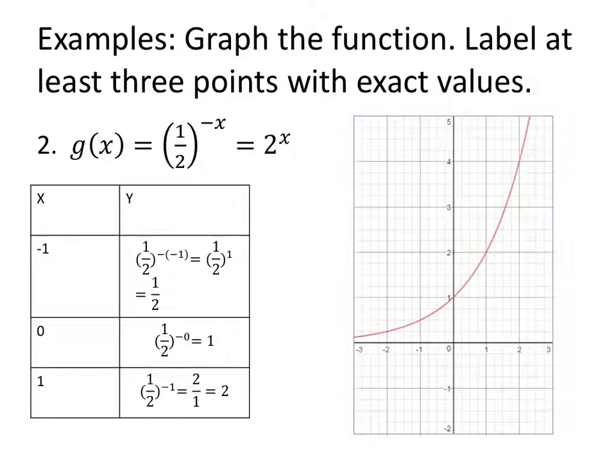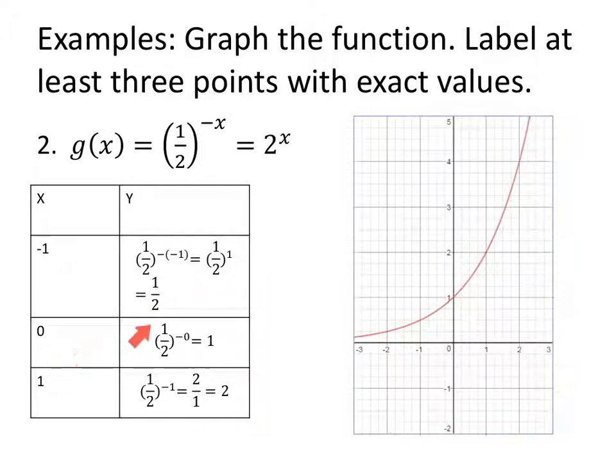For g of x equals 1/2 all to the -x power, we could think of that as the same as the graph of g of x equals 2 to the x. But let's do it as the original states. When x is -1, I'll have 1/2 to the negative 1 power, but a negative 1 is positive 1. 1/2 to the first power is 1/2.